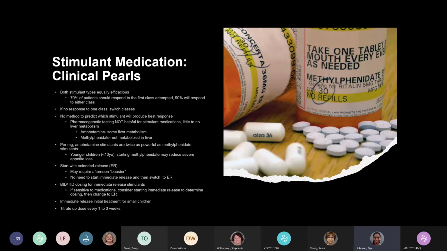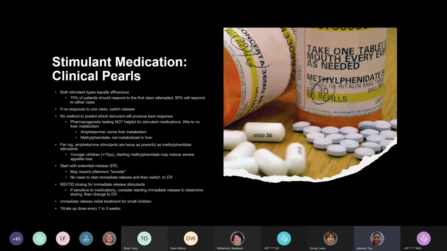So if I start with methylphenidate extended release Concerta, and I go all the way up to max dose, 72 milligrams, and this kid doesn't have any side effects, doesn't have any improvement in symptoms, nothing looks different with the Concerta, I'm not going to switch to Ritalin and try Ritalin, or switch to Focalin and try Focalin.